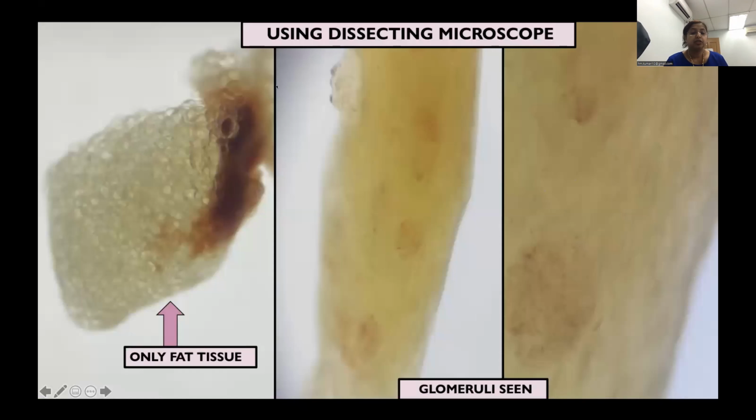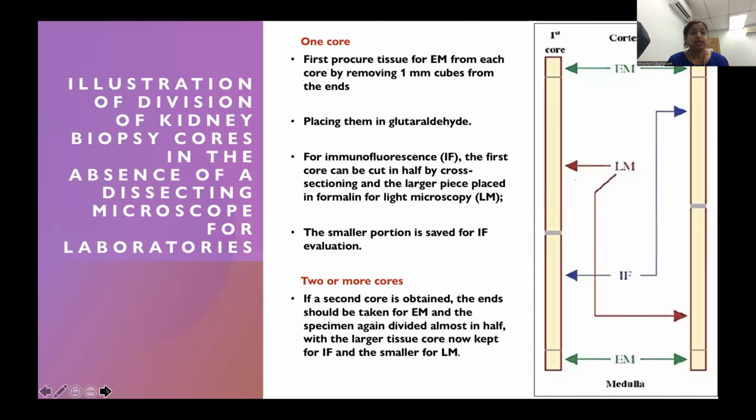If you have fat, it would look like this, and this would not contribute in any way to our renal biopsy. Okay, it's not going to contribute. This is basically just fat and a huge chunk of blood clot. And if you have tissue like this, then you can see the number of glomeruli. So you know that these are relevant tissue and suitable for whatever additional tests we're going to do. Okay, so that's the benefit.